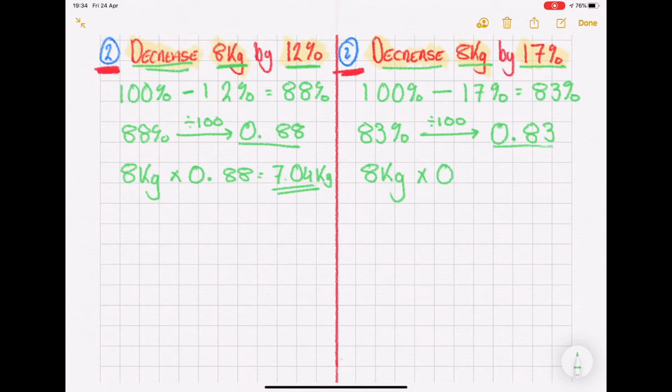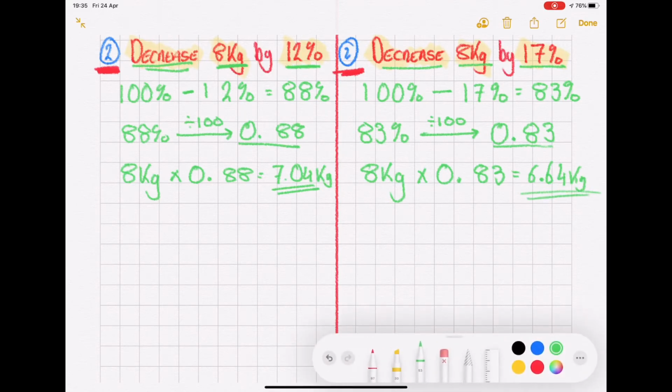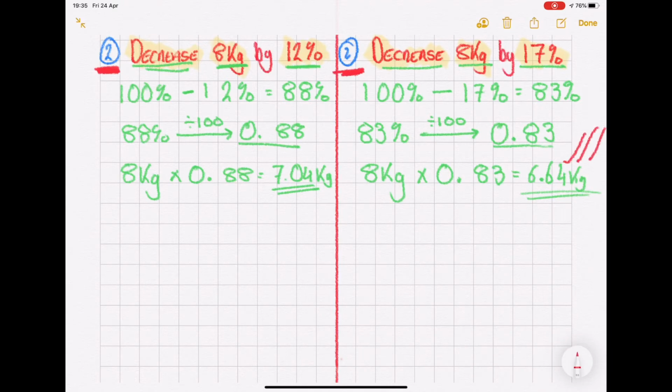So times it by 0.83. If we do that on a calculator, 8 times 0.83 gives us 6.64 kilograms. And that's your final answer there. If you got that, give yourself some ticks. Well done.